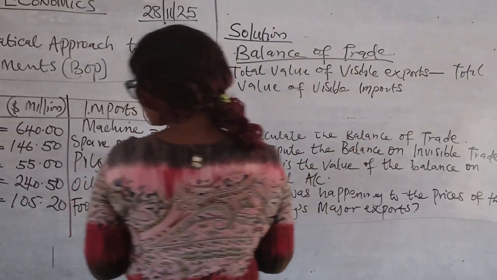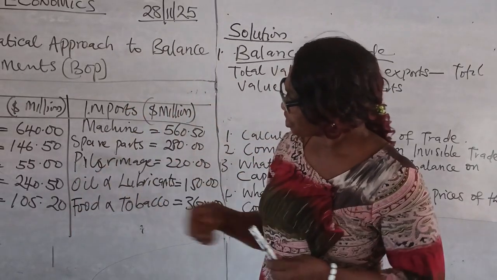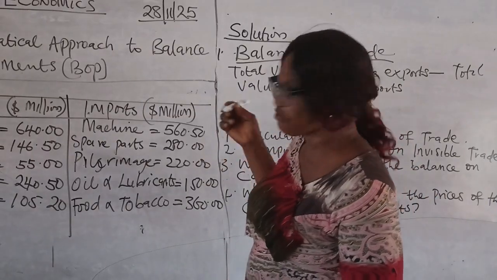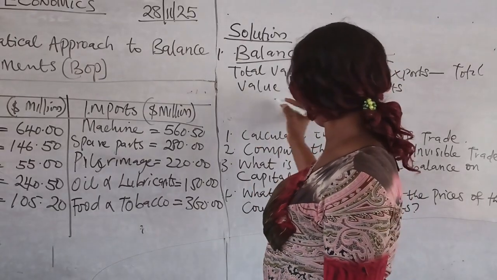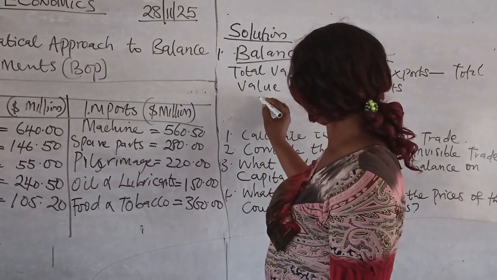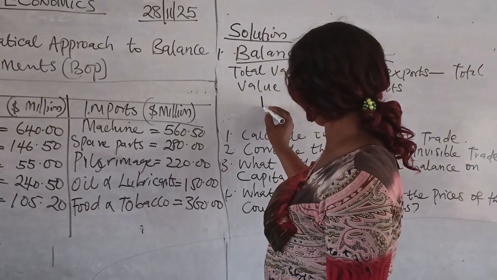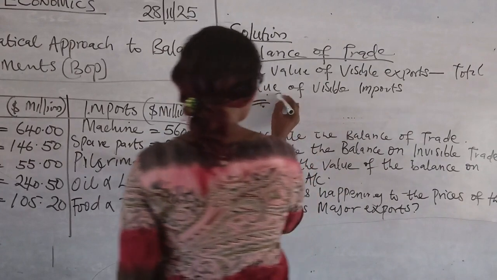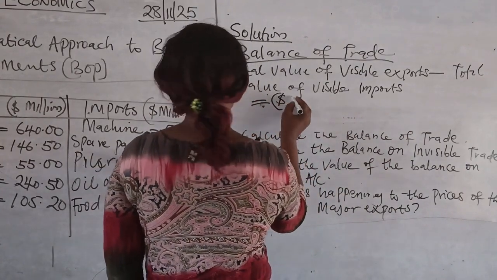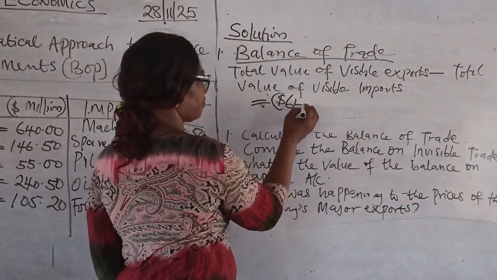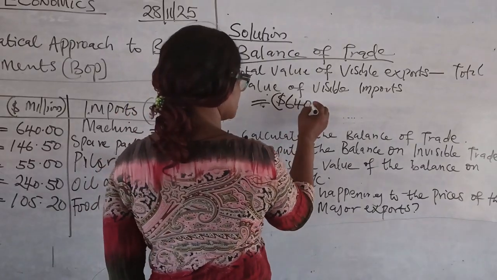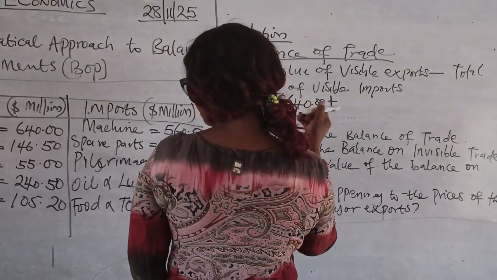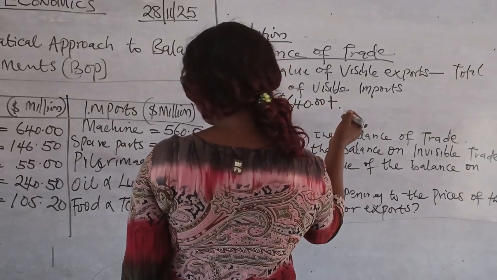And when you look at the board, what are our visible exports? We have minerals. Our minerals are a visible export, $640 million. Plus, again, look at timber.